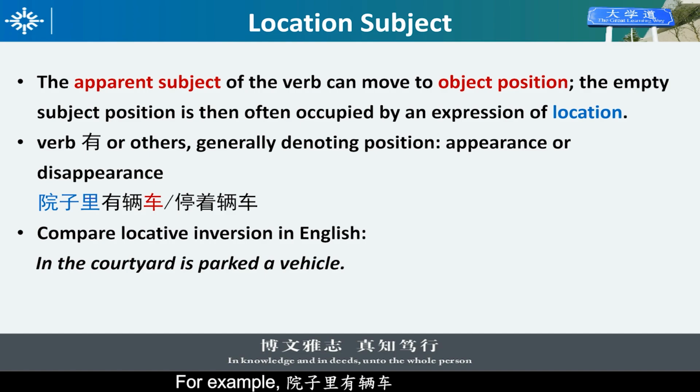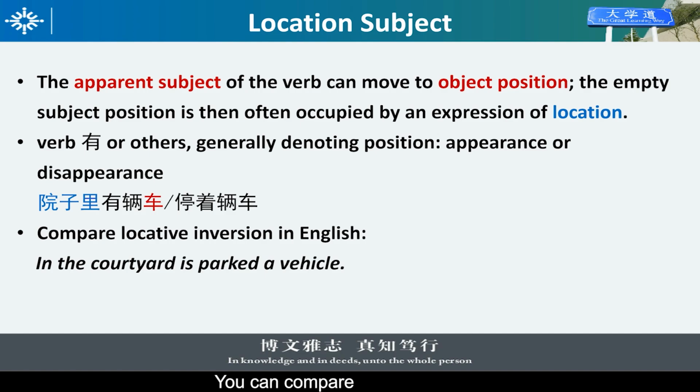For example, 院子里有辆车, 有辆车. They're similar to the 'there be' frame. Or 停着辆车. 院子里 here is a location used as a subject. It is very unique compared with English to make a location the subject.